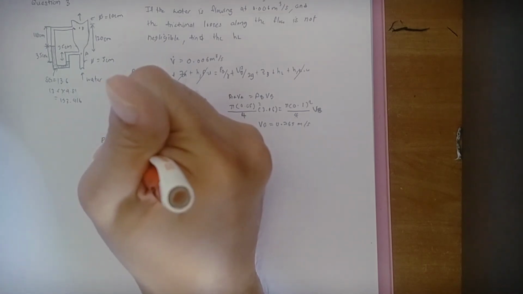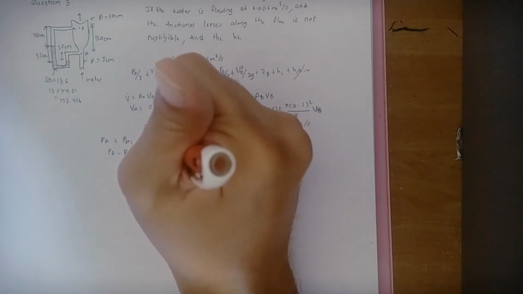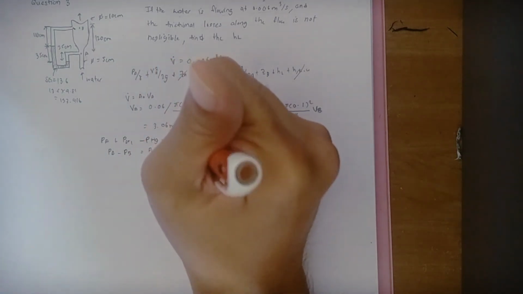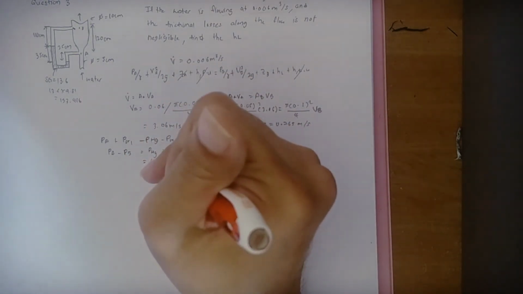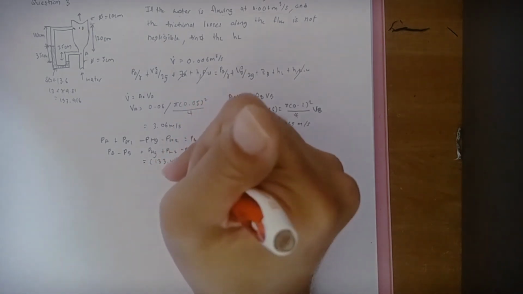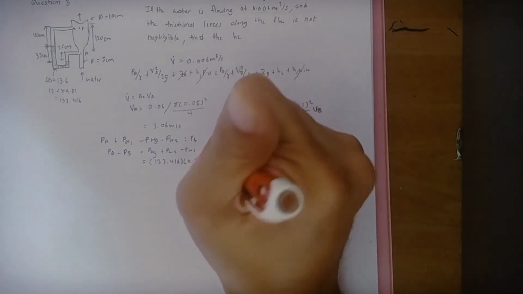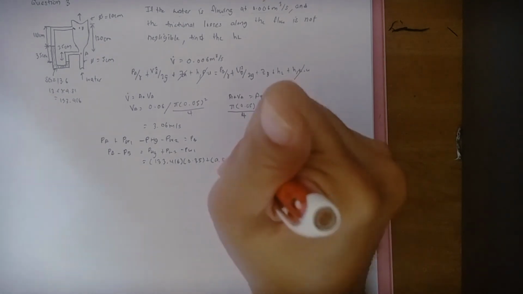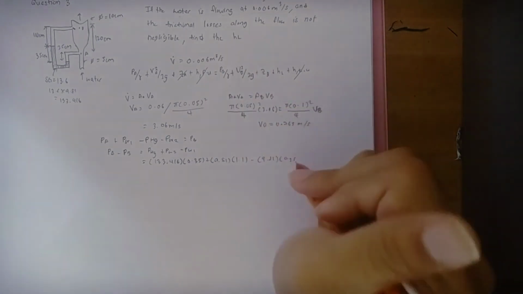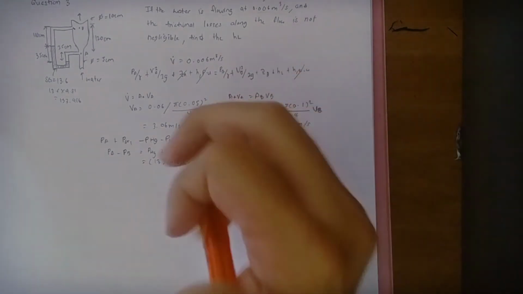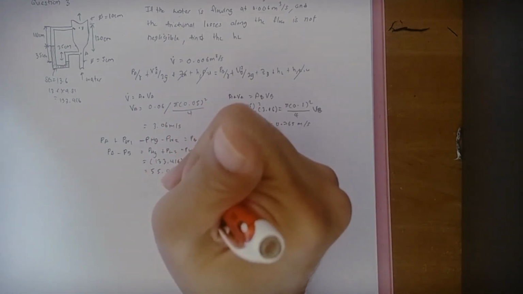PA minus PB is equal to lambda mercury times h plus lambda water times h2 minus lambda water times h1. 133.6 times 0.25 plus 9.81 times 1.1 minus 9.81 times 0.25. After we calculate all this, we get 55.03 kilopascal.